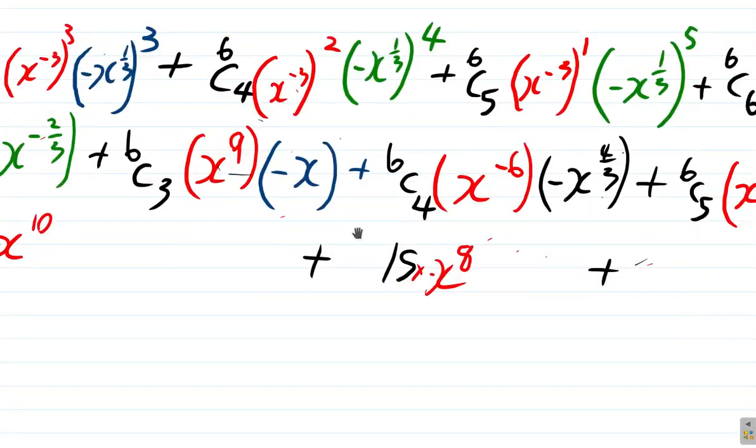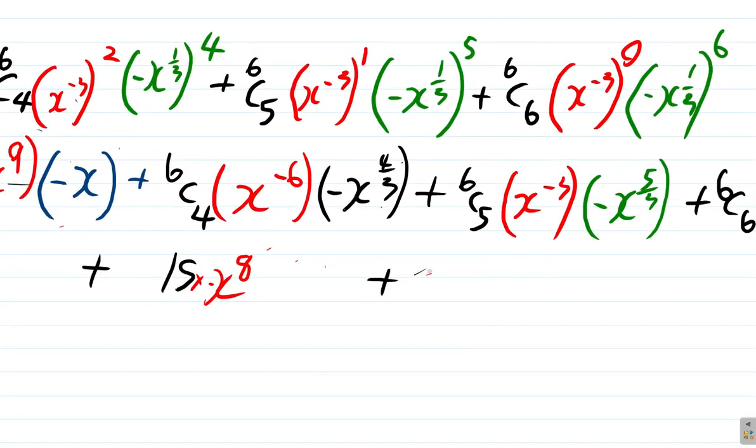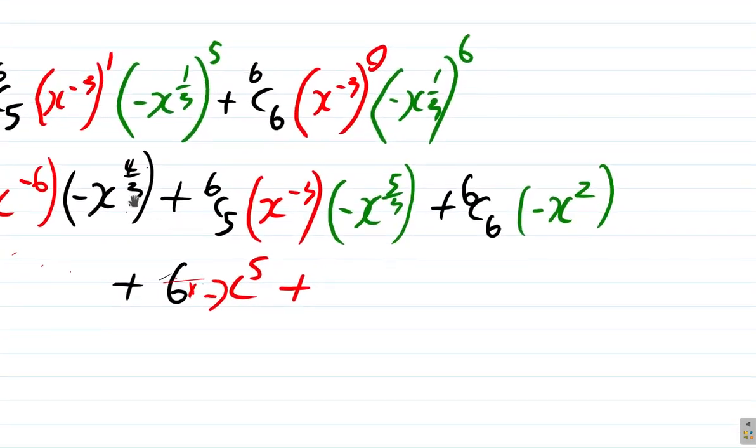So it's 6. You could work it out for yourself. So this is 6 x to the, times negative x to the, so this is going to be to the 5th power. And then plus 1, which is just 1, and then x to the 2 times negative x to the 2.